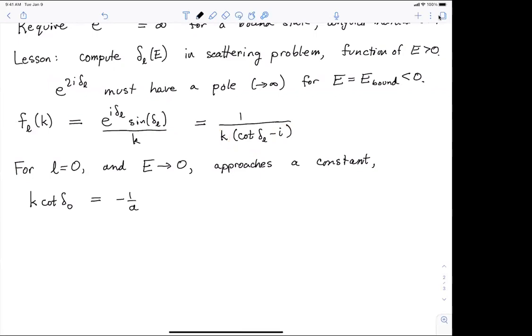And then if we were to expand this, we would find that it's a power series in energy, or differently, we can say it's a series in k squared. So it looks like that. And then the next term will be k to the 4th. And people who do this for a living give these coefficients names. We're only going to name the first two. This defines the a that appears there, which is called the scattering length.